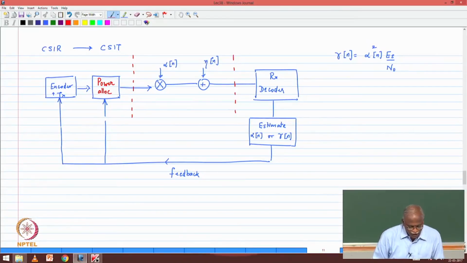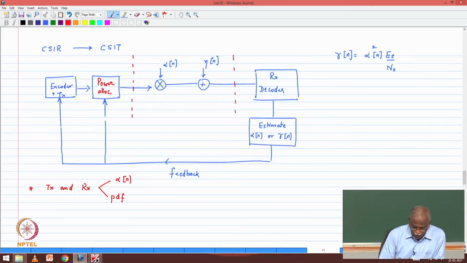So here are the assumptions that we make. The assumptions are that both Tx and Rx know alpha of n and they know the PDF of alpha of n, both of which are known through the feedback.